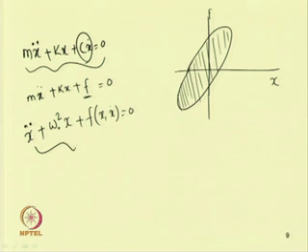So, this f is a function of x and x dot. This way also we can write the general equation of a system. As this damping reduces the energy of the system, there is loss of energy in the system due to this damping.